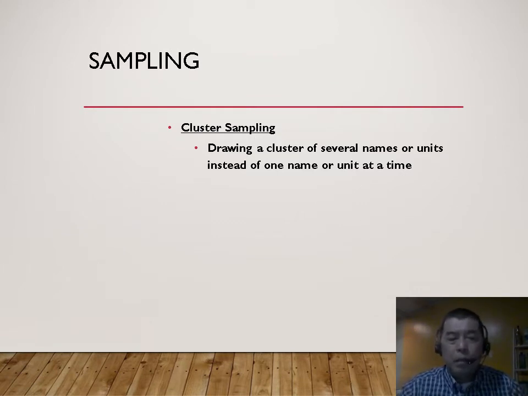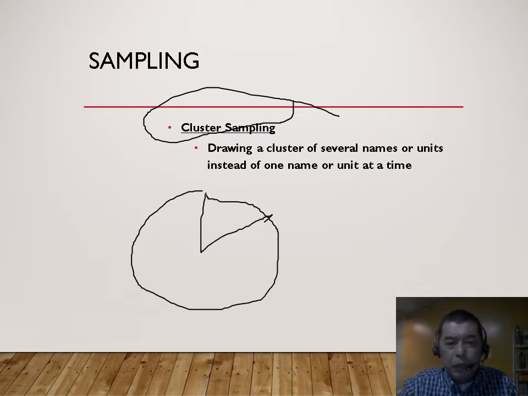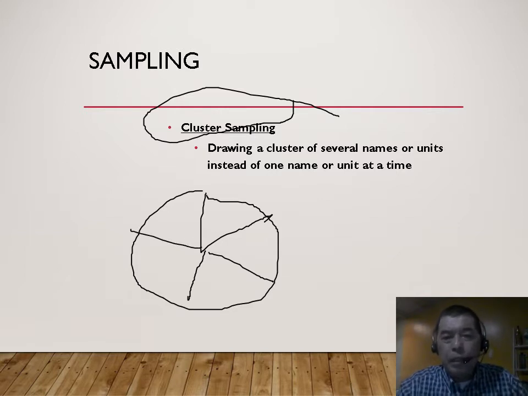So, cluster sampling is drawing a cluster or segment, no? For example, this is the population. I will draw clusters or segments, all right? Okay? And then units instead of one name at a time. That is cluster sampling. Later on, I will give you an actual demonstration or actual situation wherein we will apply all of these types of probability sampling.